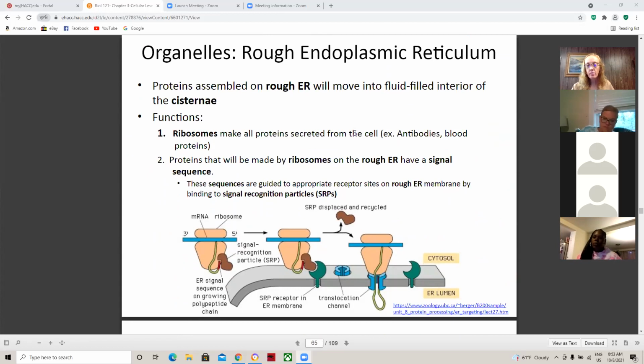So I skipped over it and then I came back to it, talking about proteins being synthesized by ribosomes, either in the rough endoplasmic reticulum or free in the cytoplasm.